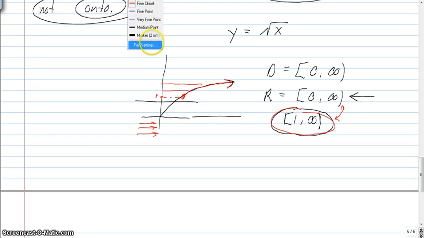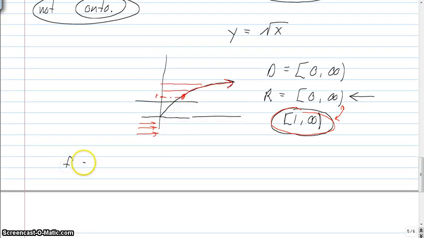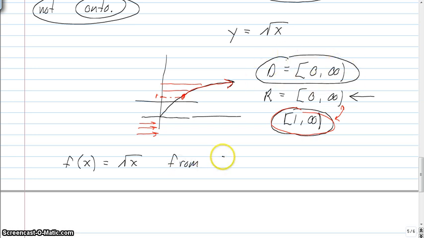So to create a function that is one-to-one but not onto, let's say square root of x, and remember you have to say from the domain, which we can use 0 to infinity, that makes sense for this function, to, and then let's make the codomain be -3 to infinity, or something like that.